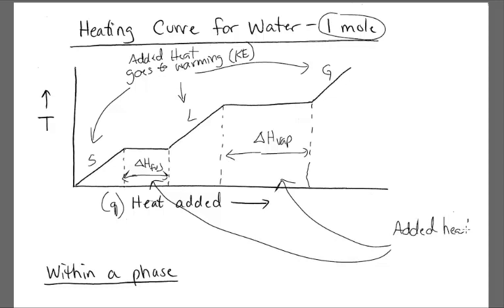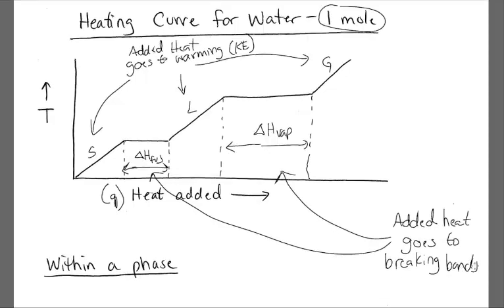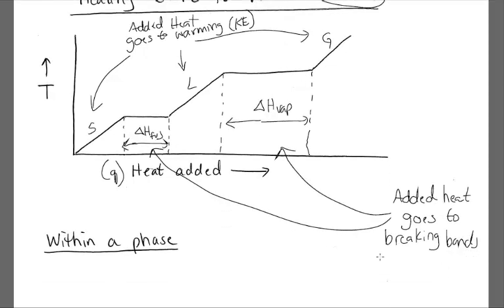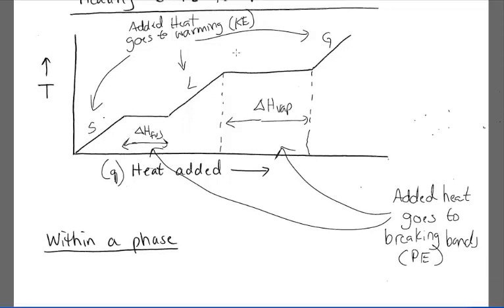In these cases, the added heat goes to breaking bonds. And those bonds are the intermolecular forces between the molecules. So it goes to breaking intermolecular forces, and that is changing the potential energy. Bonds are potential energy.